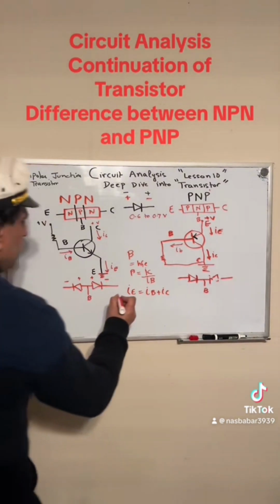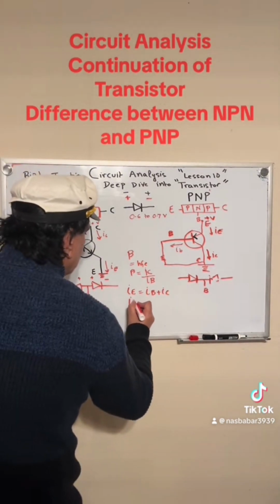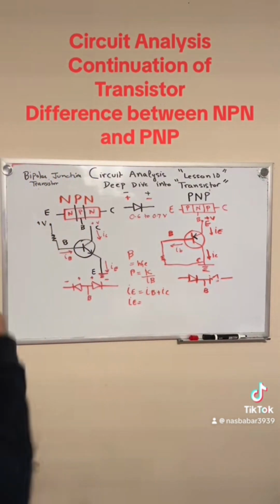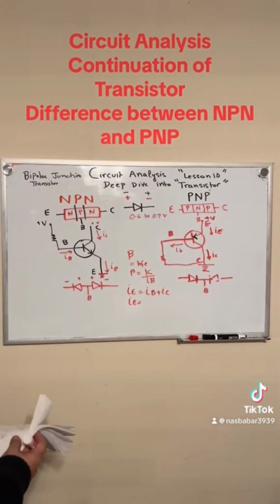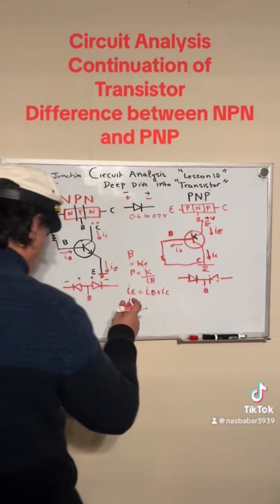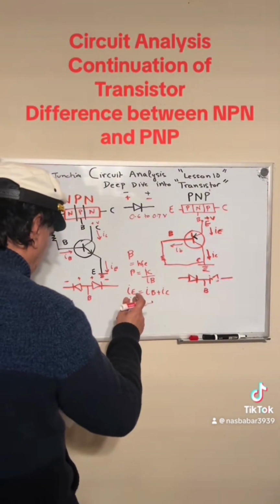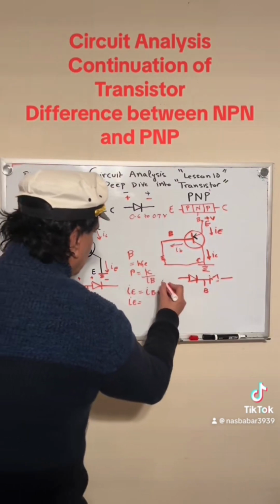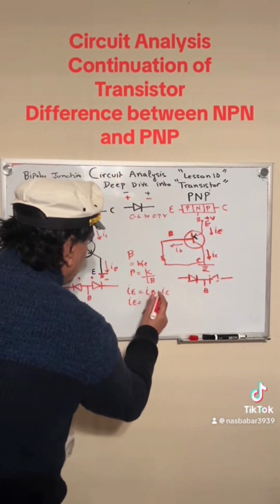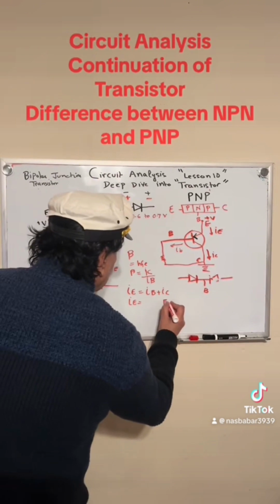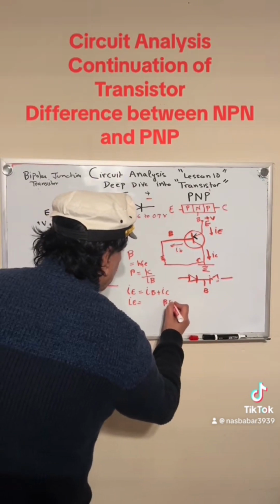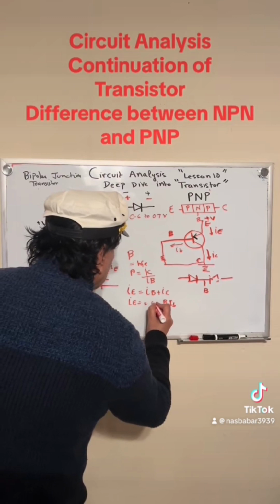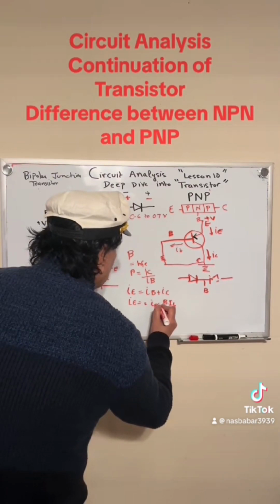And then from here, we can write down I sub E. If you recall, I sub C is nothing but beta into IB, so I can write this as beta into IB, and this right here is going to be IB plus.